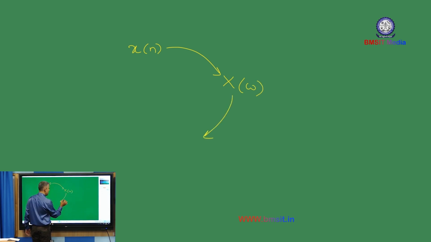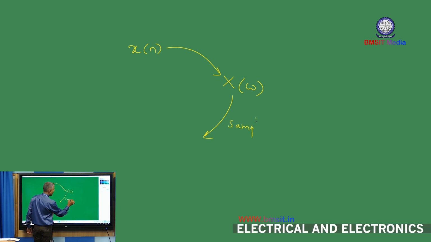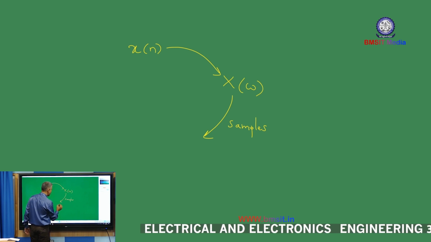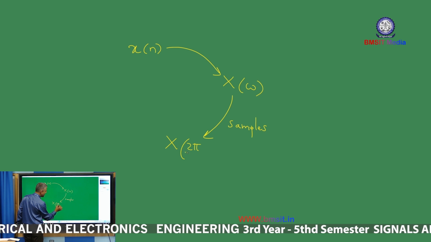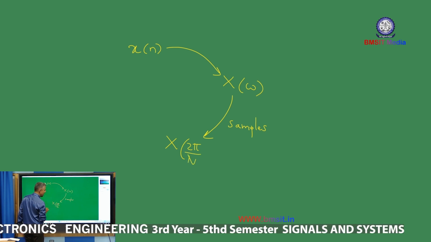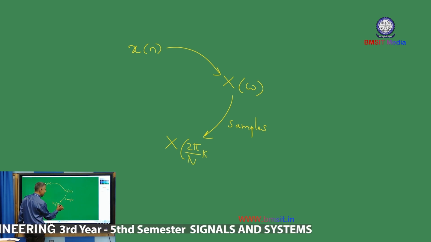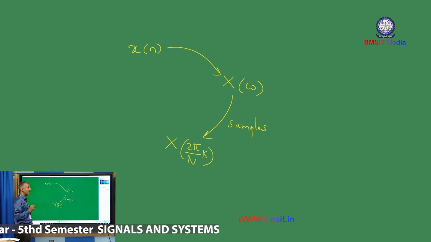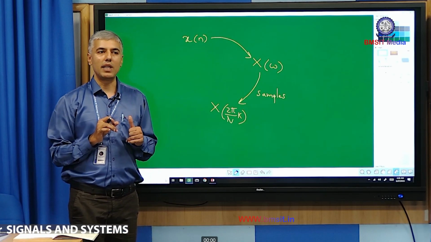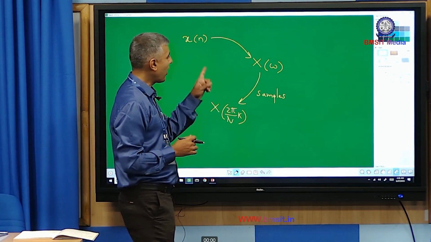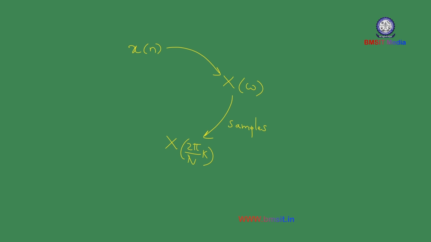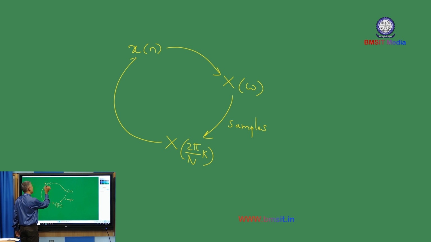From X of omega you have taken samples, so you have not considered the entire X of omega, only samples. And how many such samples are there? There are N number of such samples, and this k will be an index of that N. For example, first sample, second sample, 10th sample, 50th sample and so on. So you have obtained X of k. From this sample, it is possible to reconstruct the x of n.